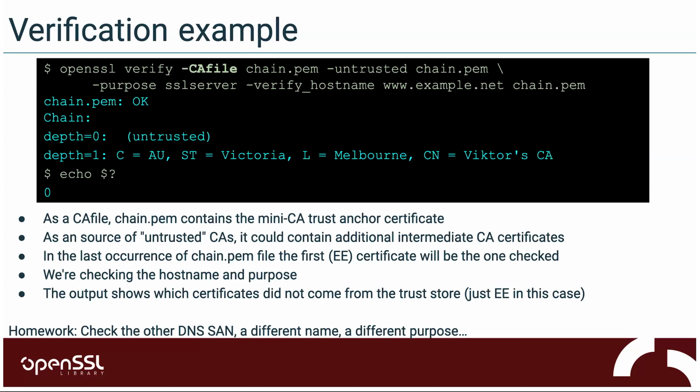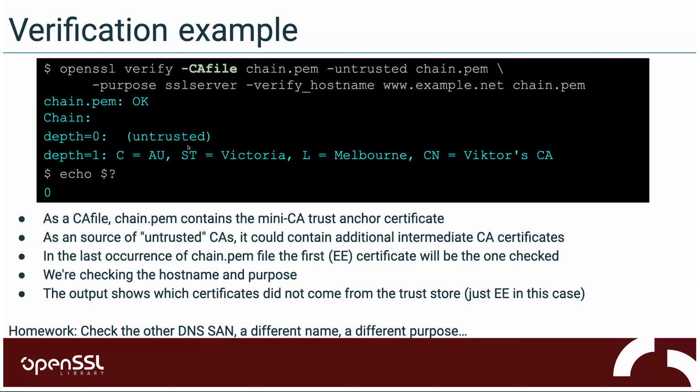In fact, often all but the last one are untrusted, right? They were used to construct the chain, but they weren't part of the system or CA file trust store. They were linked ultimately to the source of trust, which here is depth 1, our mini CA. That's the one that's trusted. All the certificates that come before are verified.